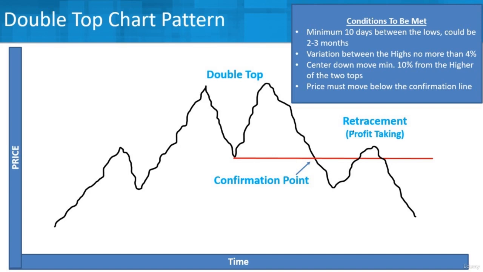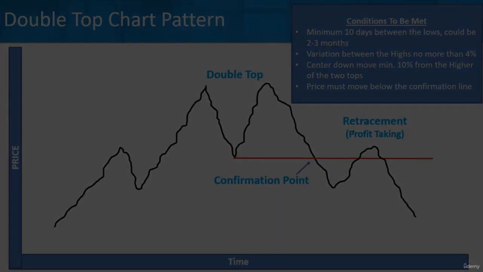If it goes back above that confirmation line a little bit, then that might give you a second chance. But if it's a true double top chart pattern, it's a reversal pattern, and now the prices are reversing from upward trending to downward trending, and a very definite sell signal once you break that confirmation point.